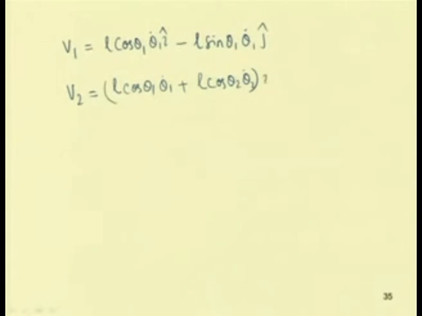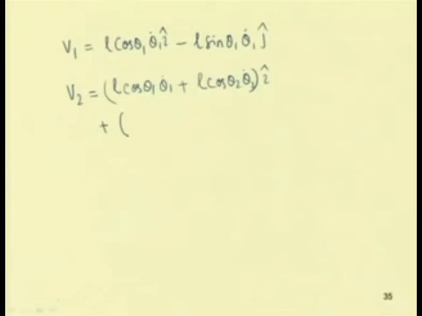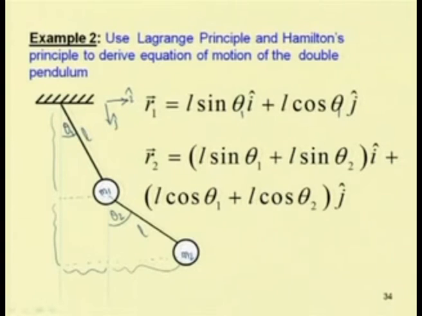This is in i direction, plus in j direction, differentiating that, one can find minus L sin theta 1 theta 1 dot, and the sign will be different, so minus L sin theta 2 theta 2 dot. This is in j direction. So, we got the velocity in i and j direction for the first mass and then for the second mass.